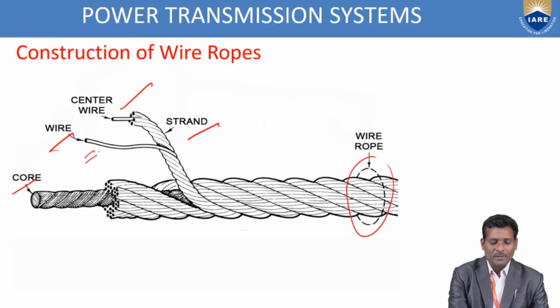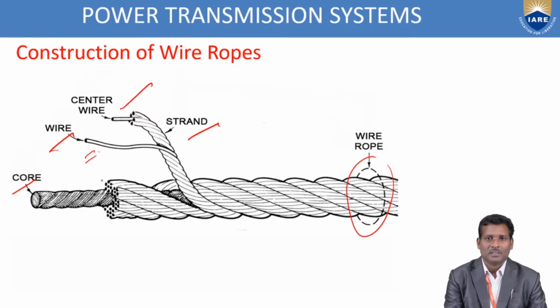This is a single wire. A number of wires, it may be 7 or 19 or 37, are twisted in the form of a strand. And again, a number of strands are twisted around a core to form a wire rope. So this is the major construction of a wire rope.